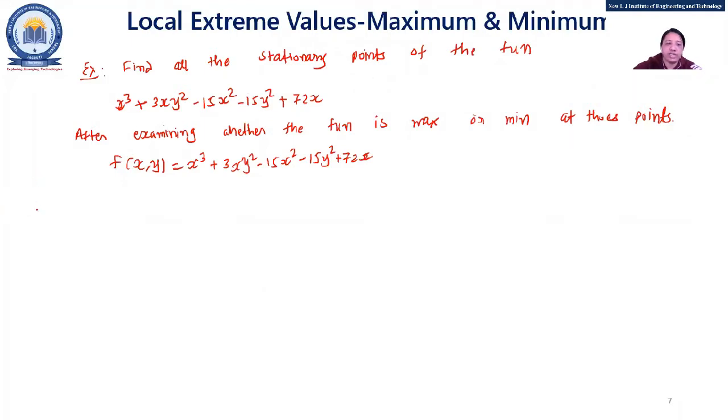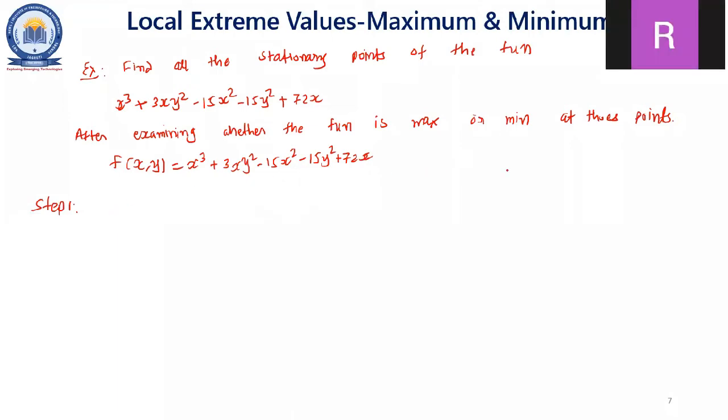Step 1 is what? There are 3 steps for this. What is the first step? First step to solve is del f by del x equal to 0 and del f by del y equal to 0.